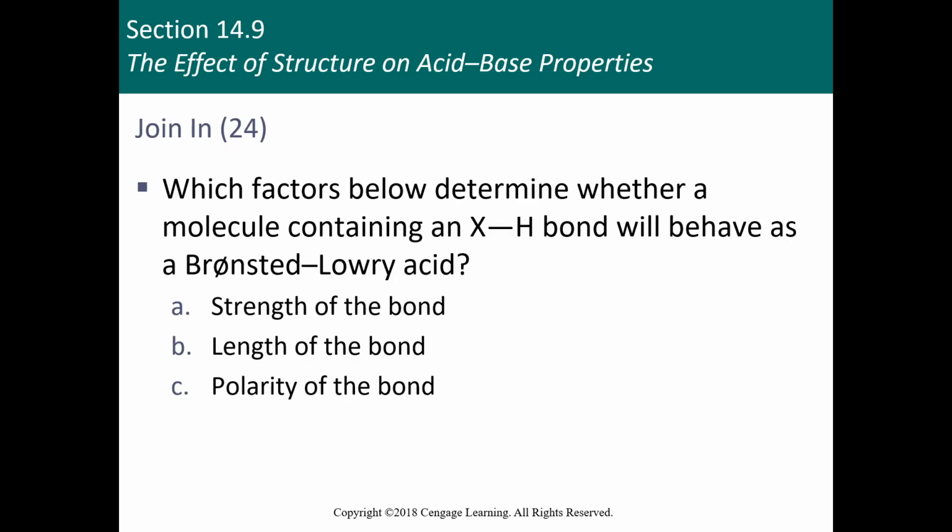Now, which factors below are going to determine whether a molecule containing an X-H bond will behave as a Bronsted-Lowry acid? So whether that H plus is going to come off easily or not. Well, we mentioned before that the strength of the bond matters. So yes, the strength of the bond will matter. That's going to be your major factor when you're talking about an HX.